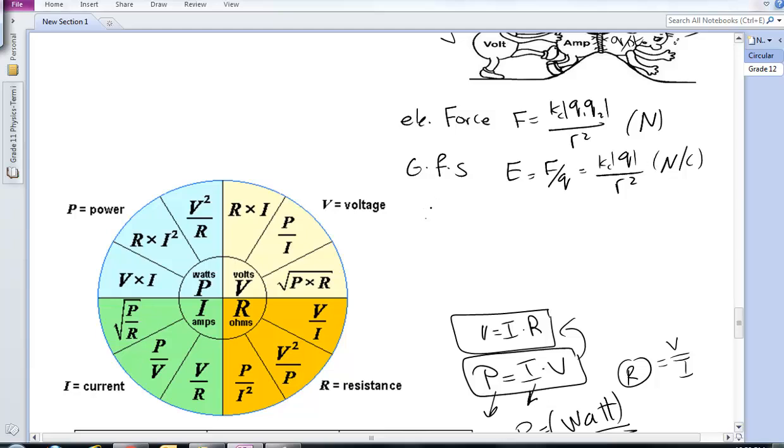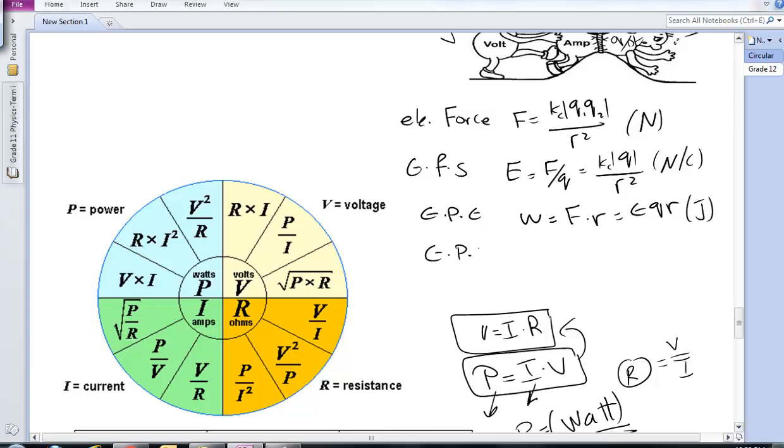And then electric potential energy, which is W is equal to F times R, or EQR, measured in joules.